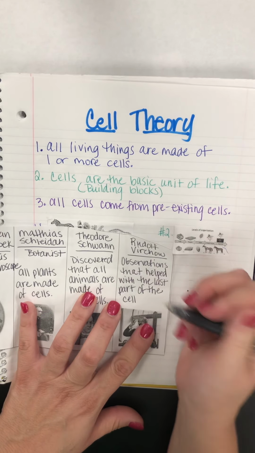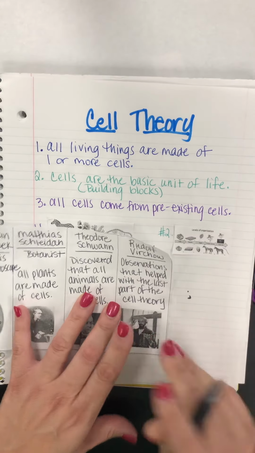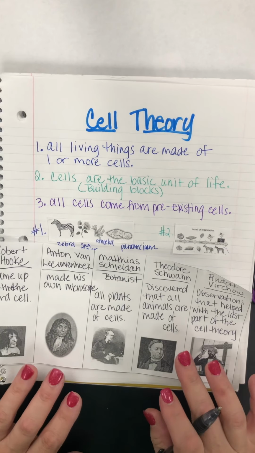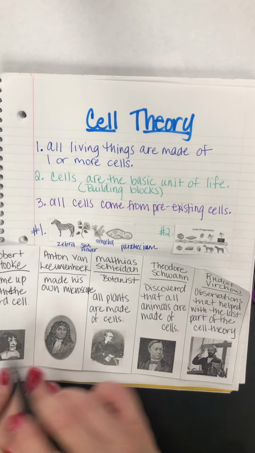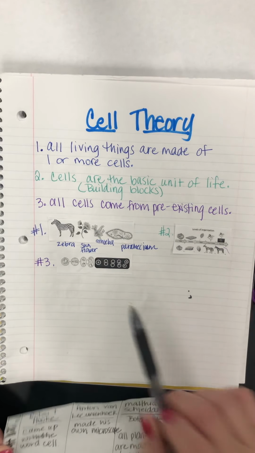Okay, so that all cells come from pre-existing cells. Okay, so now we have the entire foldable completed. Again, you could have written this on the bottom portion of your ISN.